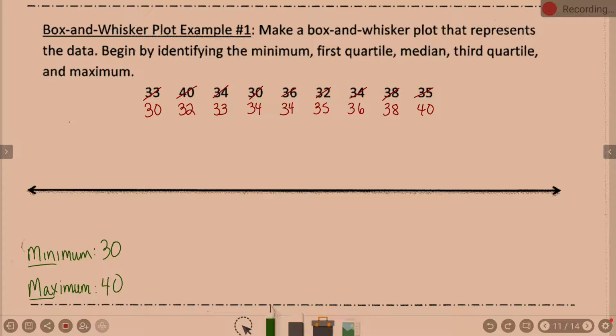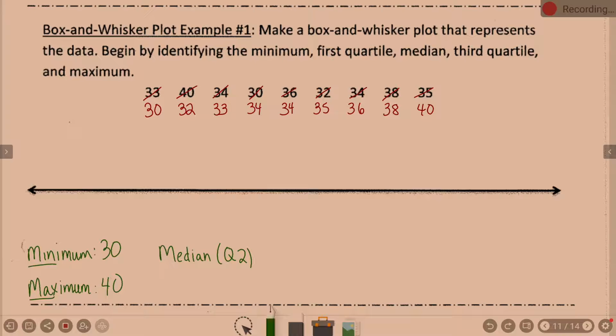Okay. After we find our minimum and maximum, we want to find our median. Now, as we talk about median, it is also quartile 2, or the middle quartile. 34.